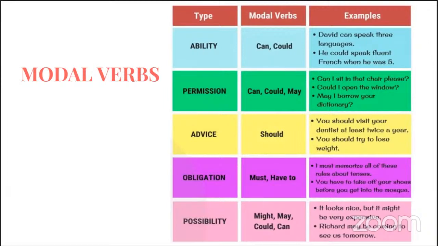Yes. So it is very important to remember the specific use of the modal verbs. They are only used to express ability, permission, advice, obligation, and possibility. This is the classification that you don't have to forget.